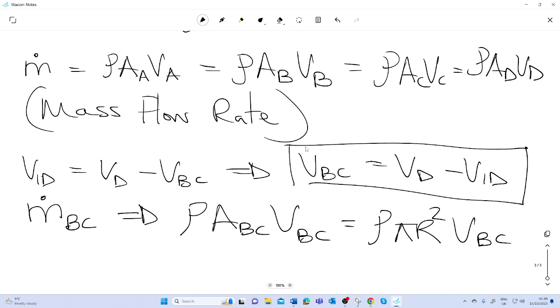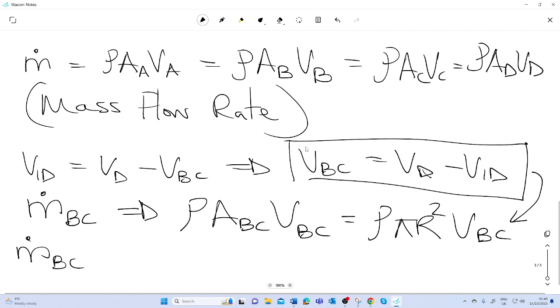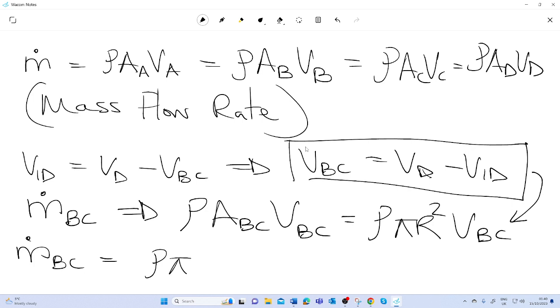And don't let us forget that VBC is VD minus VID. So we slot this into this. So our mass flow rate at BC, that is at the propeller section of the helicopter, becomes rho pi r square (VD minus VID).